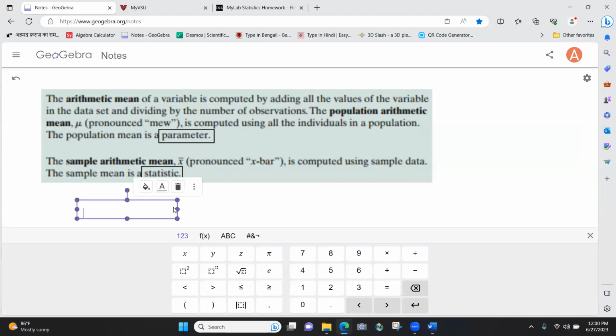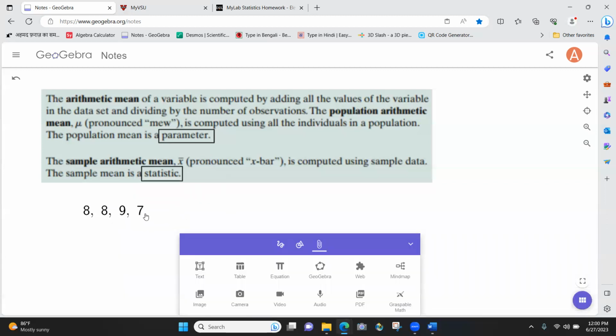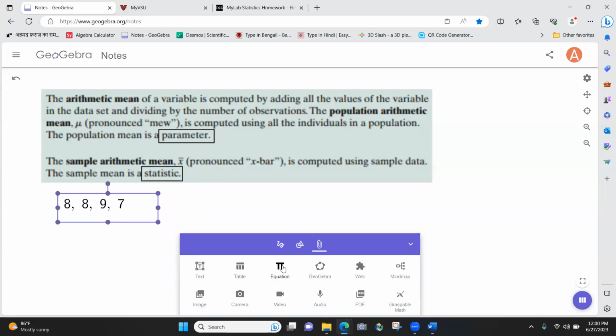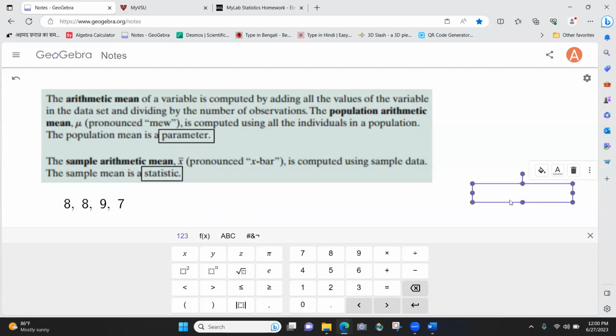Let's say I'm in a small graduate level class, and the students, out of 10, they got 8, 9, and 7. I have 4 students in a small graduate level class, and these are the scores they received. So I want you to find the arithmetic mean of my class. It is what you think it is. It is something you learned in middle school.